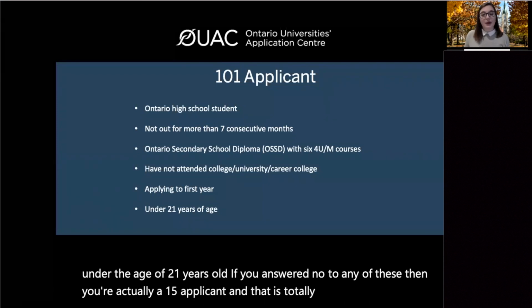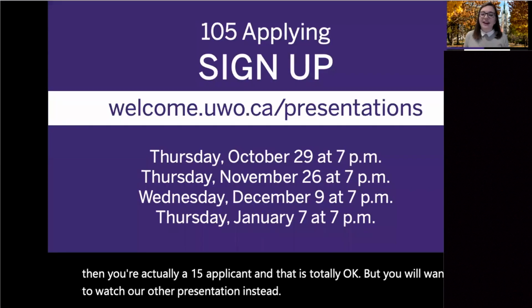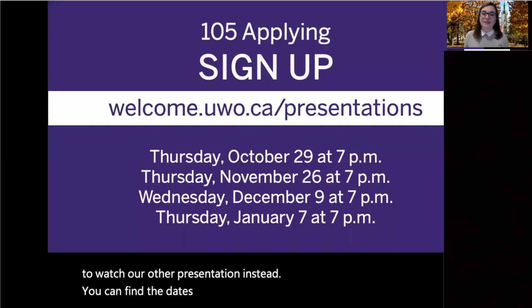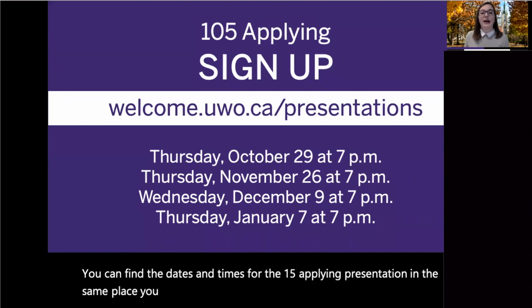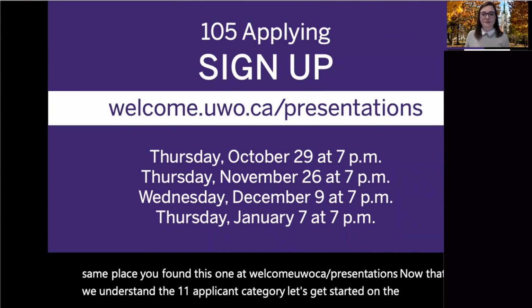But you will want to watch our other presentation instead. You can find the dates and times for the 105 applying presentation in the same place you found this one, at welcome.uwo.ca/presentations.